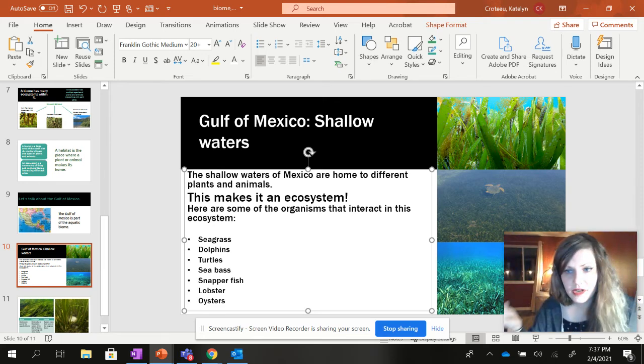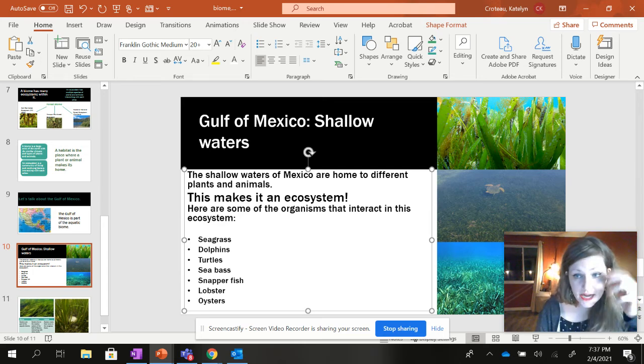And those can be their own individual ecosystems, okay? Because each desert isn't going to be exactly the same. They each have their own individual ecosystem. So for example, if I went to a desert in Eastern Washington, that desert's going to look very different than a desert in California, and that desert's going to look very different than a desert in the Middle East. So not every single desert is the same, but they all are considered a desert biome.